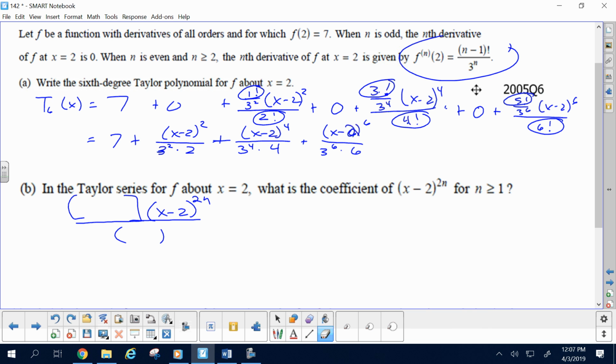If I'm looking for the coefficient that goes with (x − 2)^(2n), then I need the 2nth derivative. And that means I've got a 2n there and a 2n there. You follow?